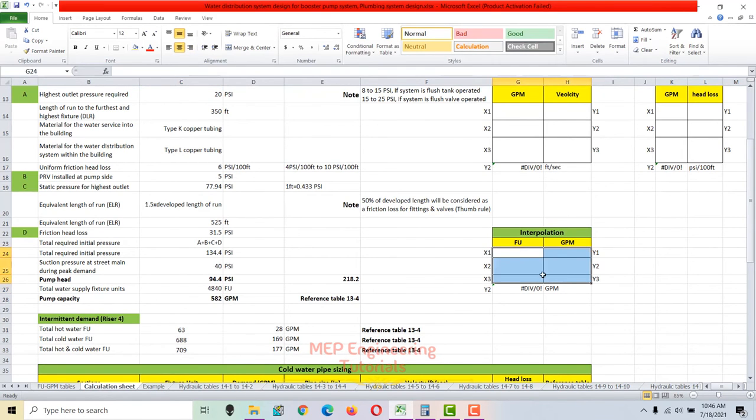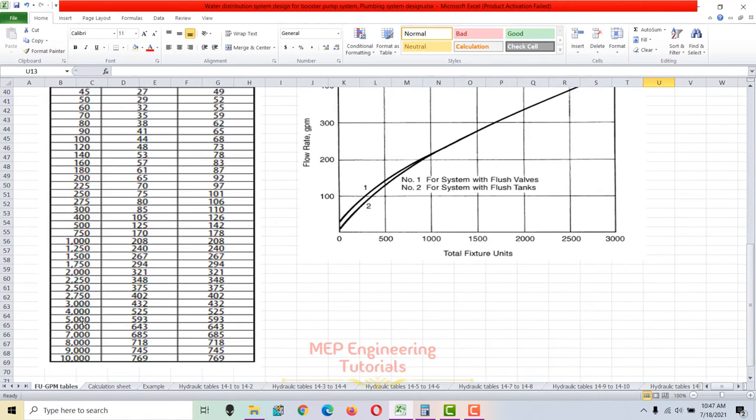This is the interpolation table which I have, and this is the formula which I am going to use to get the exact value. We have 4000 fixture units and 5000 fixture units, and we need to calculate GPM at 4840. As I apply all the values, you will see the GPM calculated here. At 4000 we have 525 GPM, and at 5000 we have 593.